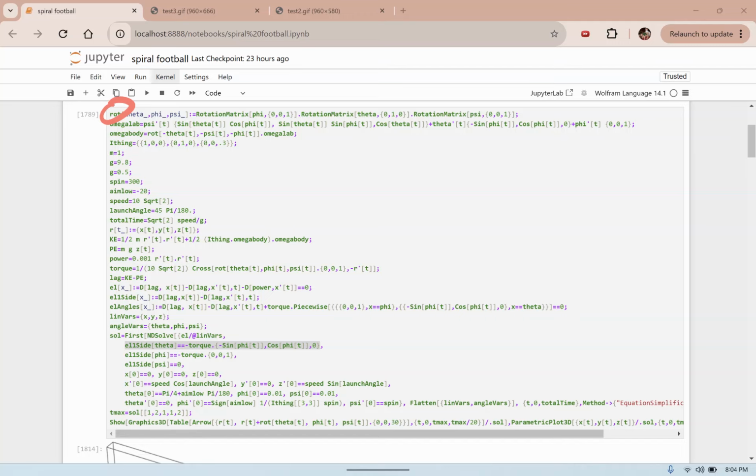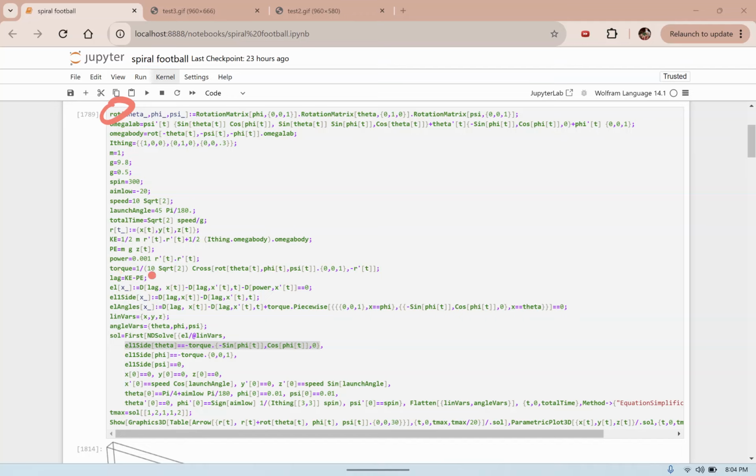And yeah, so we're off and running because what we do is we say, okay, well, here's the kinetic energy, no problem. We've got the motion of the center of mass, and we've got the thing that I said: I dotted into omega body, which is super easy, and I doesn't change. Got our potential energy, so that's why we get a parabola. I'm not actually using power. I've basically zeroed it out, so I'm not going to talk about it.